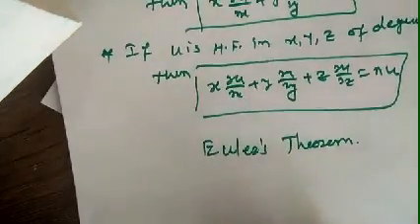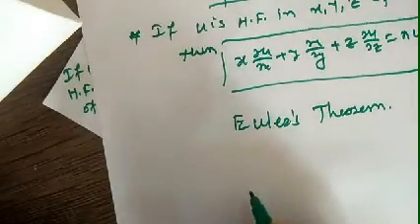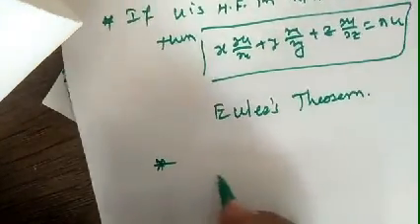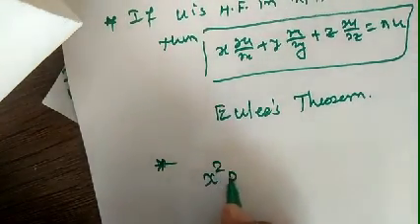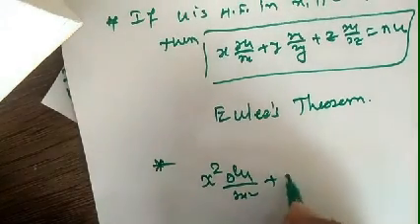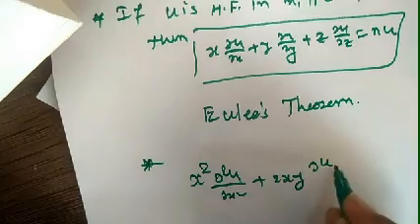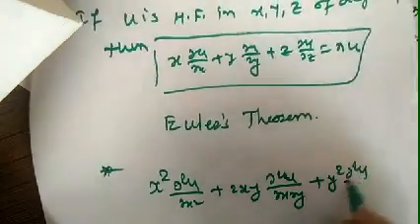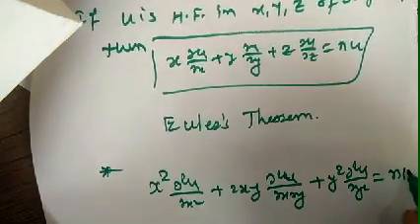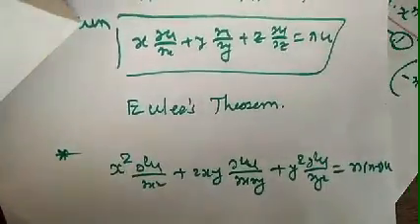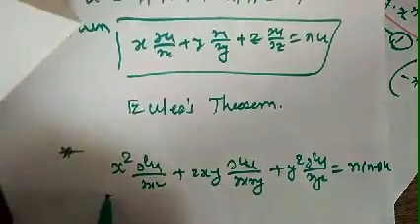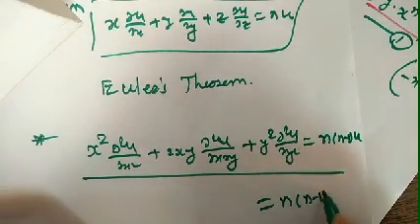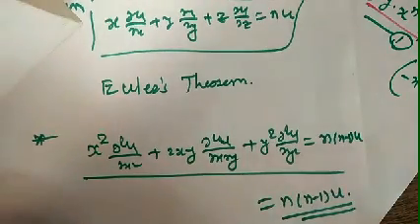For higher or second order derivatives, we can generalize this result as x square into del 2 u by del x2 plus 2xy del 2 u by del x del y plus y square into del 2 u by del y2 is equal to n into n minus 1 into u. Means for higher order, this formula becomes this way, and the term is n into n minus 1 into u.